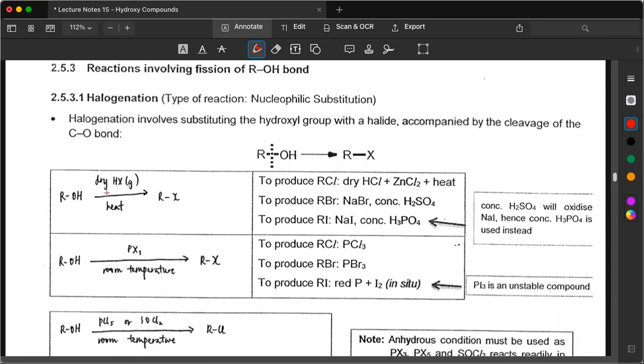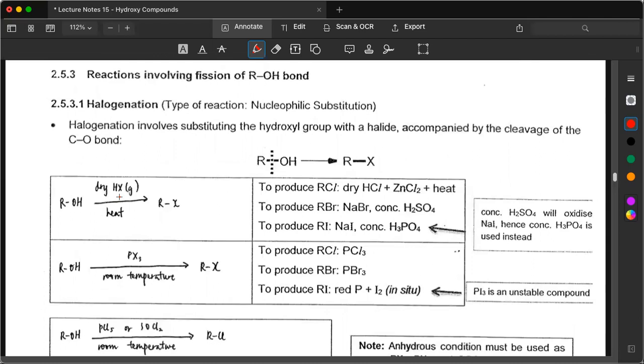So ROH, upon reaction with dry hydrogen halide in gaseous state, and of course heating is required, will cleave the C-O bond to form a new compound, RX, meaning you form a halogenoalkane. So it is the opposite of the reaction we are familiar with, where RX can become ROH.